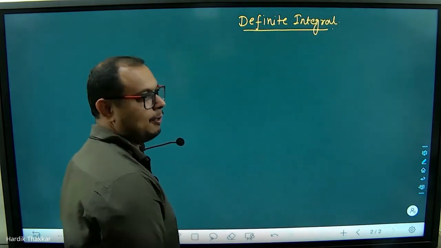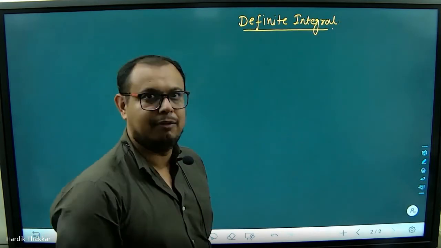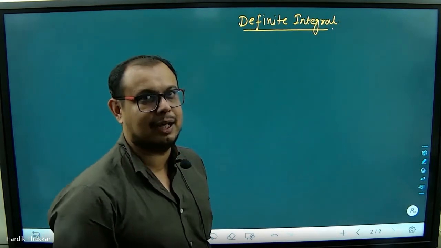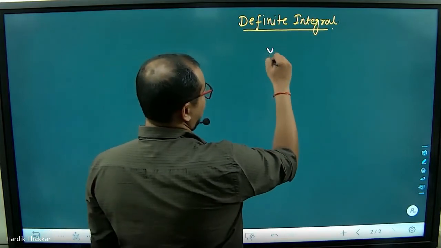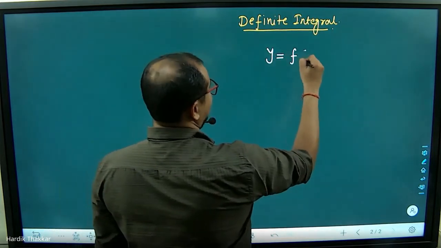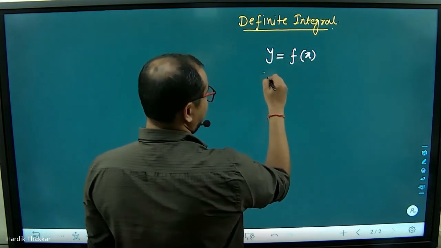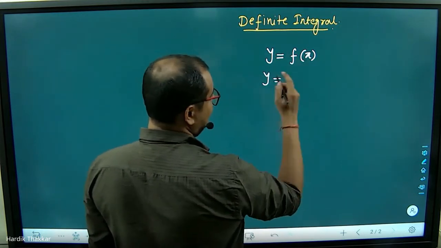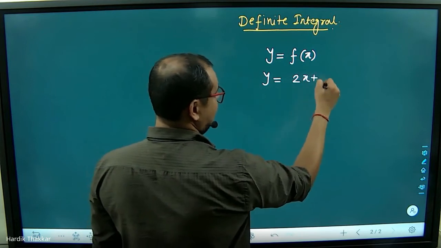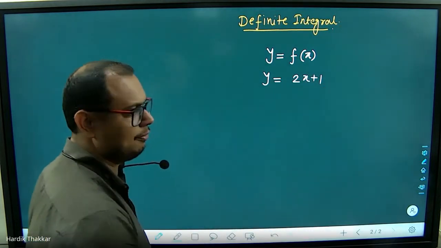Now let me explain what is definite integral, with some example and what are its applications also. Let us consider a function y is equal to f of x. Y is a function of x, and let us consider y is equal to 2x plus 1. So this is the function.